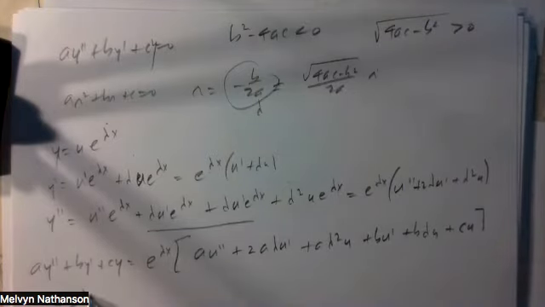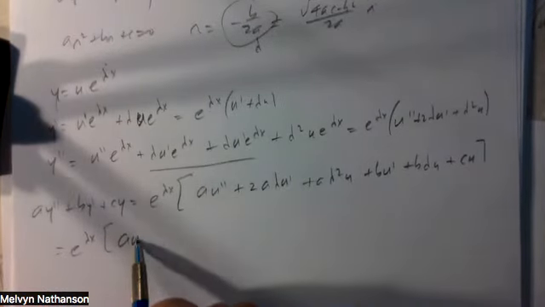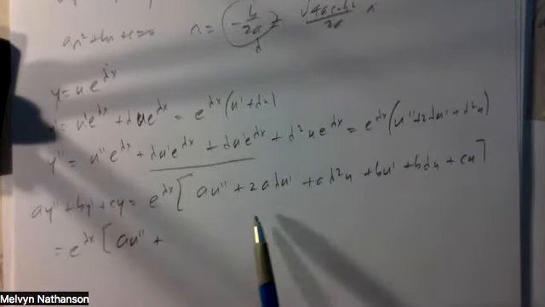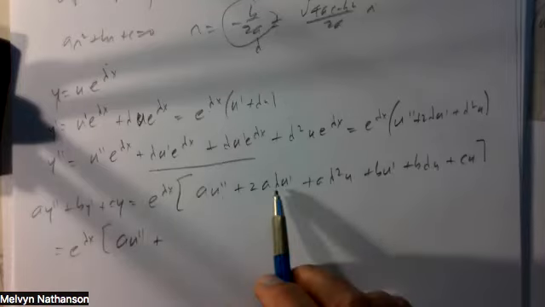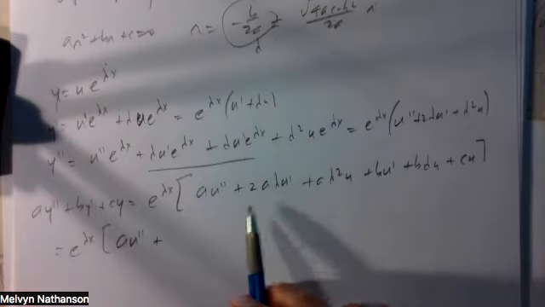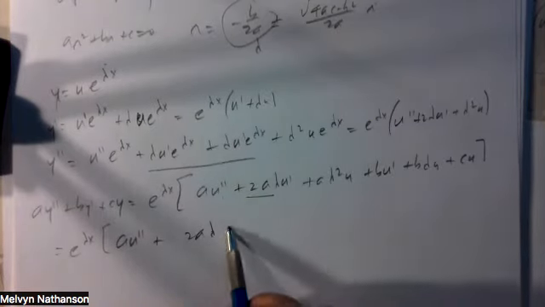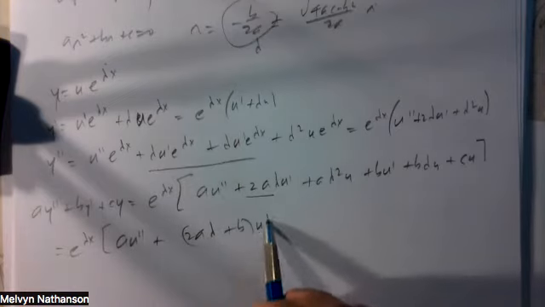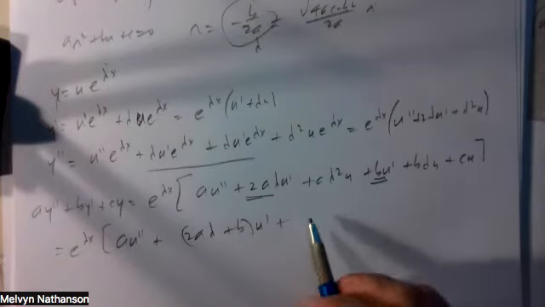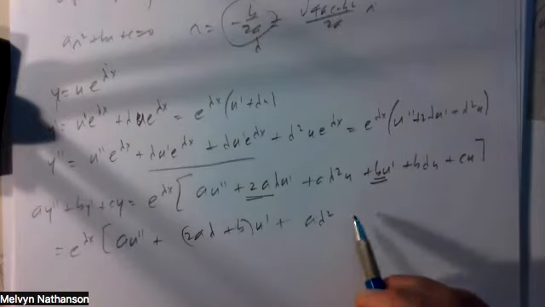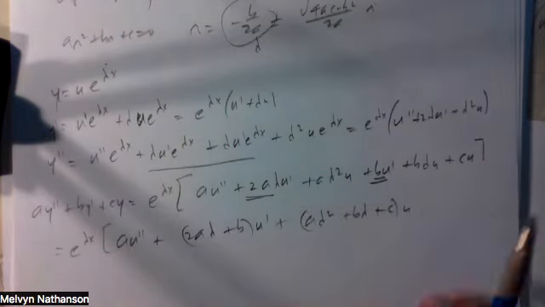That's e to the lambda x times what? I have a u double prime, I have u prime times 2a lambda plus b, plus a lambda squared plus b lambda plus c times u.